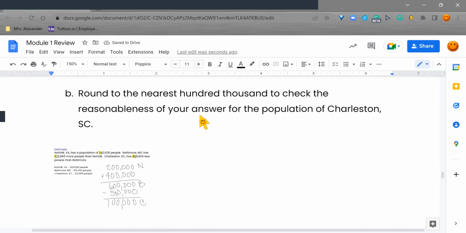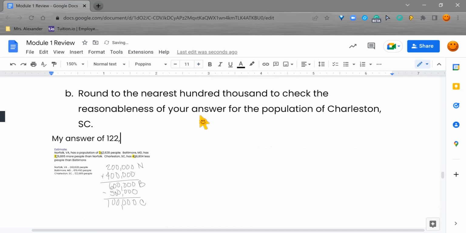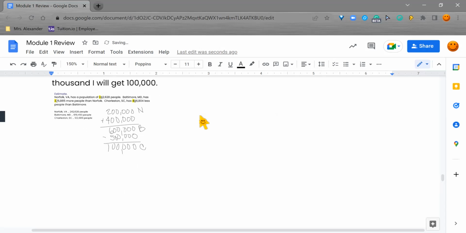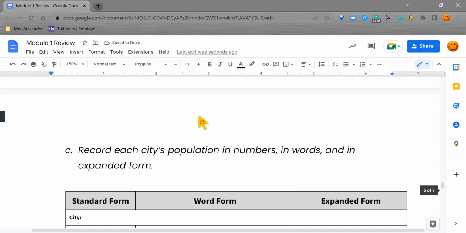And I'm going to say my answer of 122,689 is reasonable because if I round it to the nearest 100,000, I will get 100,000. So let's keep on going.